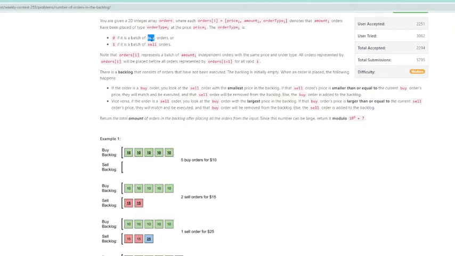Similarly, if it's a sell order, you select a buy order which was not processed earlier, and among all those buy orders you select the order having the maximum price and you complete the transaction.